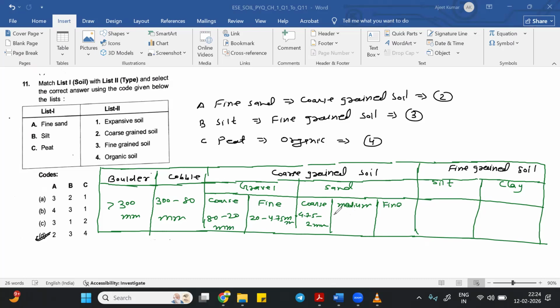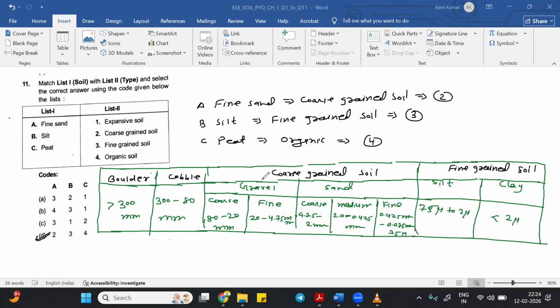Medium is 2.0 mm to 0.425 mm. And fine sand is 0.425 mm to 0.075 mm, that is 75 micron. And silt is 75 micron to 2 micron. And clay is less than 2 micron.